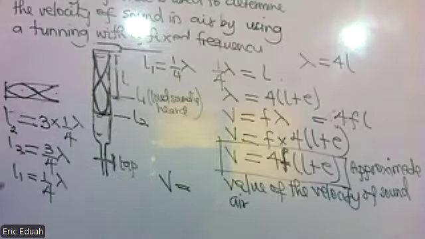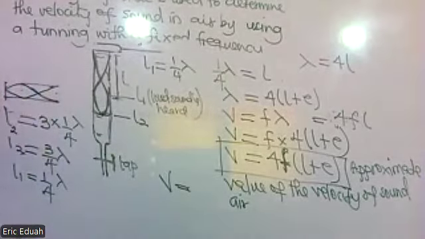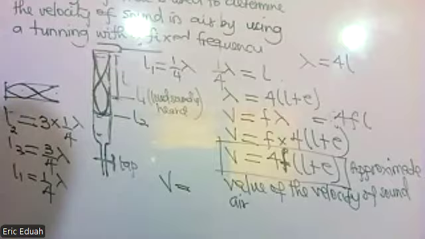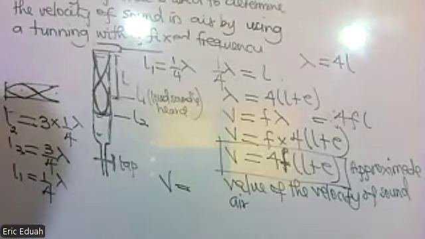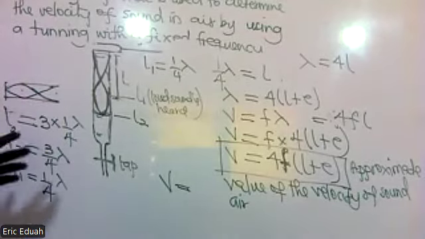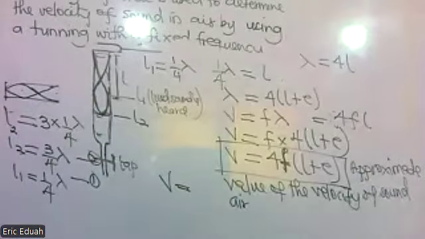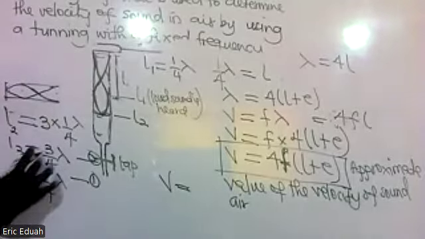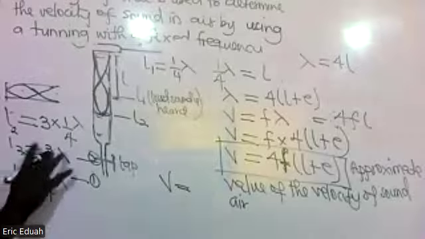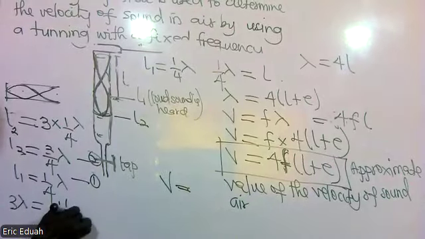Now, because we have two resonance positions, we want to consider the first resonance position and the second resonance position. Okay. So in this equation, this is equation 1, equation 2. We are considering both resonance positions. In equation 2, 3 lambda will be equal to 4 times L2.